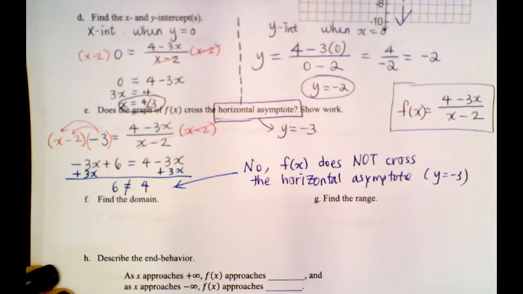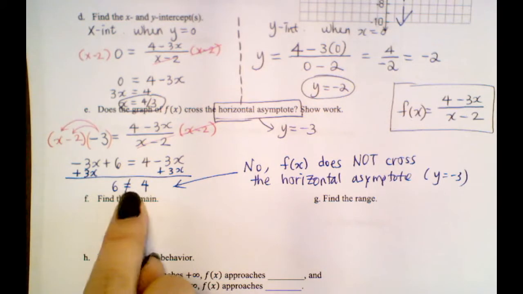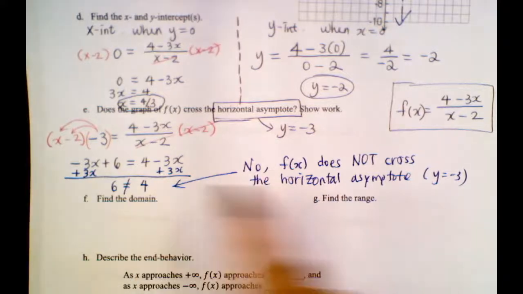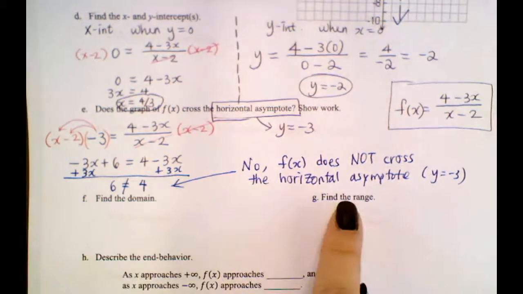So that's what I want you to show me: something that's not true, and that's enough for you to say, that's my little proof right there that f of x will not cross the horizontal asymptote. So using that, I can answer the range.